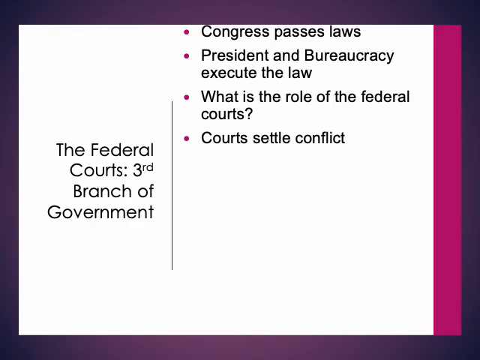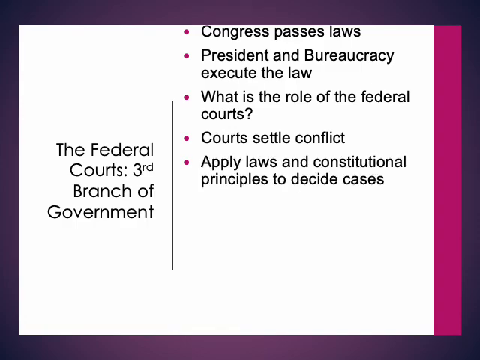In your textbook, they say the court used to be where the king is, and people would come because there was some sort of dispute over property rights or over some rule. And then the king at the court would settle that dispute. Well, in democracies, we have judges and juries who settle conflict that arises between two people, or between a person and a corporation, or a person and the government.